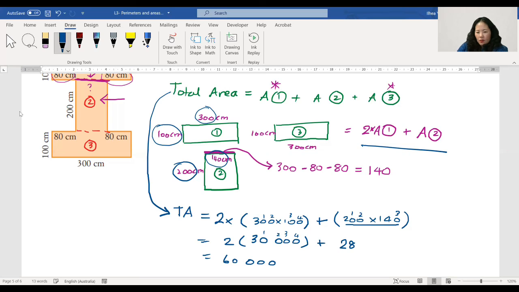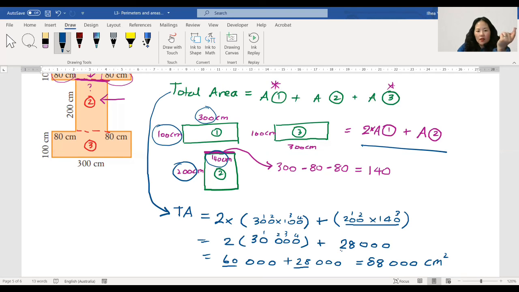So I'm just going to put 1, 2, 3. And then I'll add this 28. When I do that, 60 plus 28 is 88,000. And don't forget the units, centimeters squared. Okay, so that's what we got.